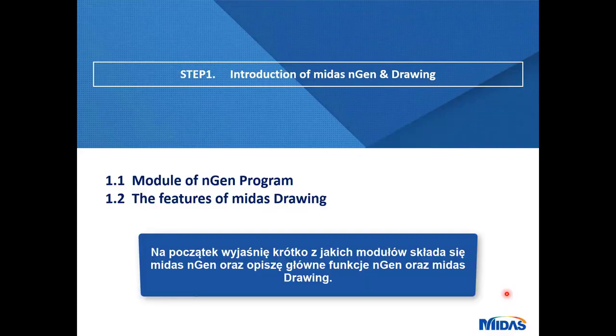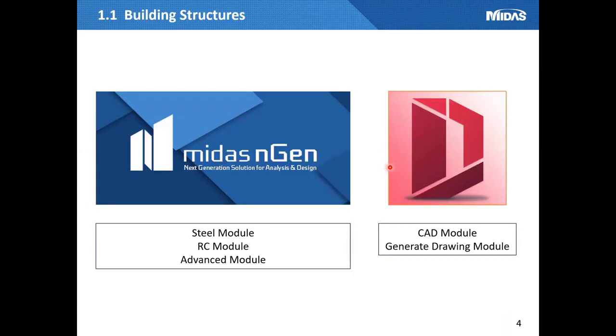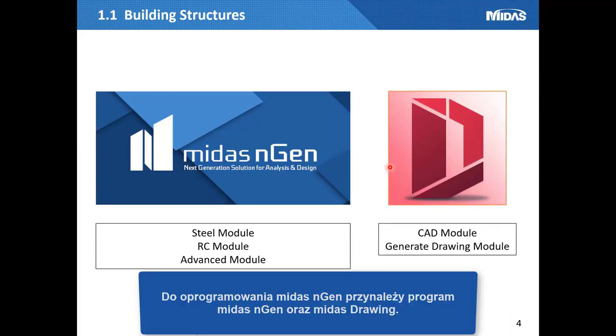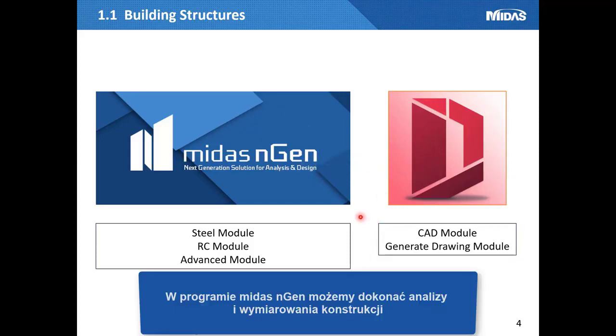In Chapter 1, I will briefly explain the composition and the key features of the nGen programs. There are two configurations of the nGen program: nGen and drawing. The first, nGen, can perform structural analysis and design.